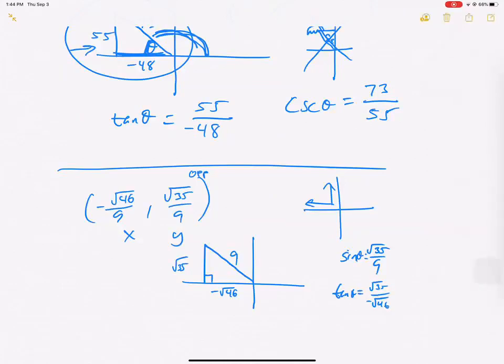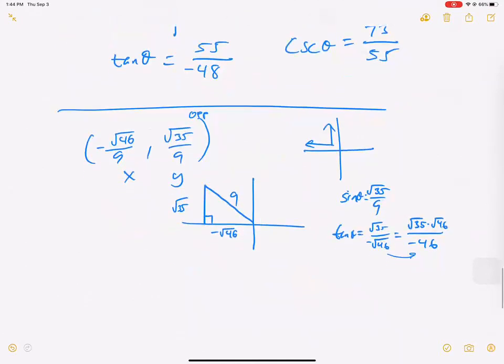Oh no, we have a square root. Nobody cares. Square root of 35 times square root of 46, all over negative 46. Remember, you don't have to multiply the negative again, just get rid of the square root. And this is just some fancy number. You can multiply that out with a calculator.